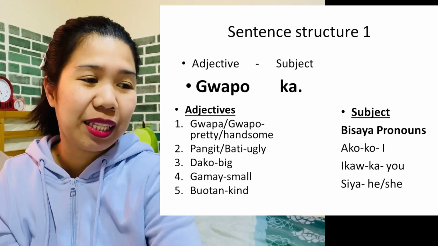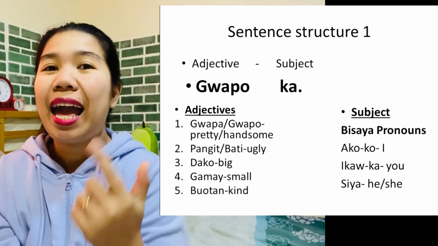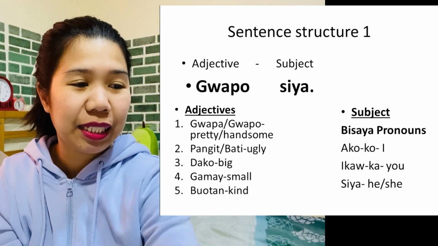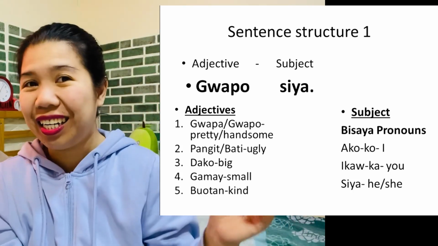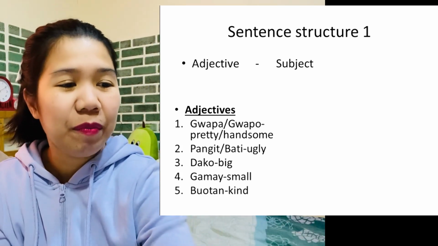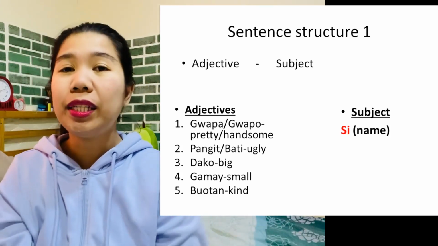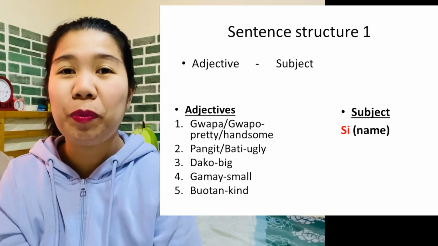Let's have another sentence. Guapo ka. You are handsome. Okay, next. He is handsome. So, guapo siya. Guapo siya. Okay? And then, we have another one. What if our subject is not a pronoun? So, our subject would be a name.